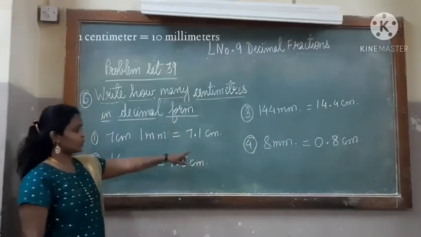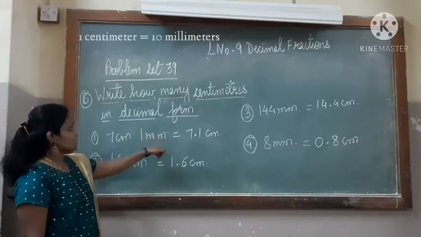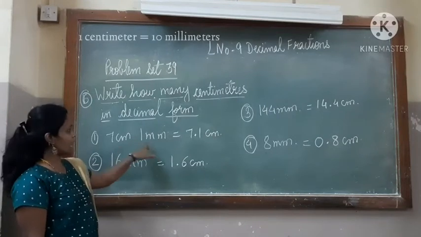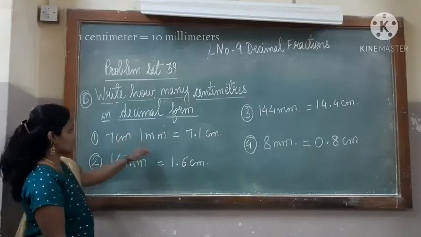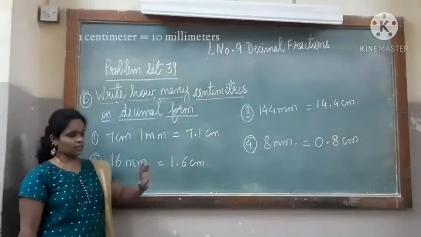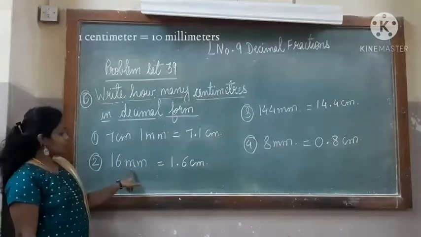You only have to convert into decimal form. And for converting into decimal form, you should keep in mind that here they have given separate centimeter and millimeter. So there is no problem for putting the decimal point. So I wrote 7.1 centimeter. But for the second one, if you see, they have directly given 16 millimeter.